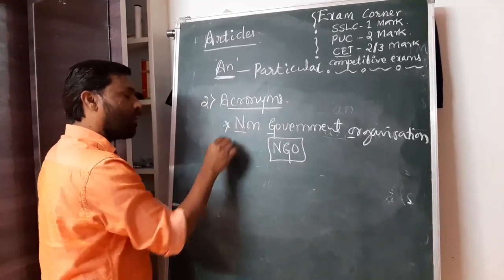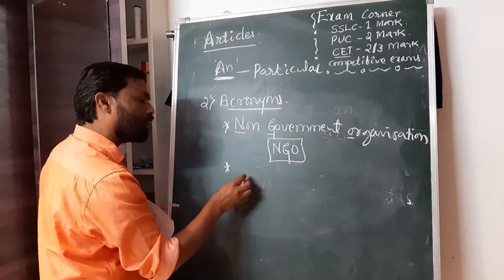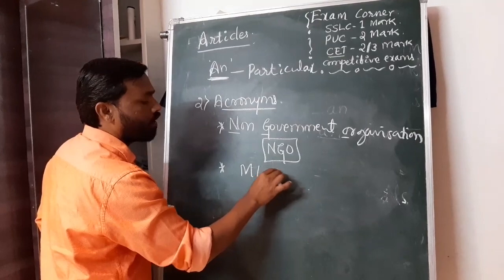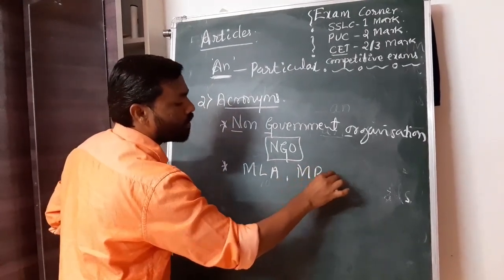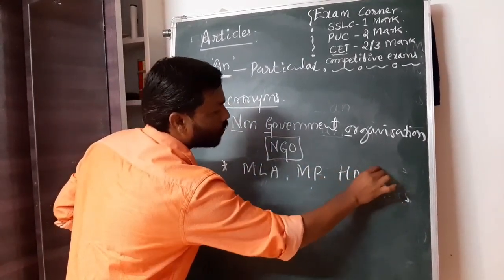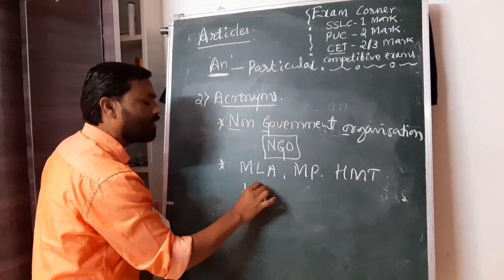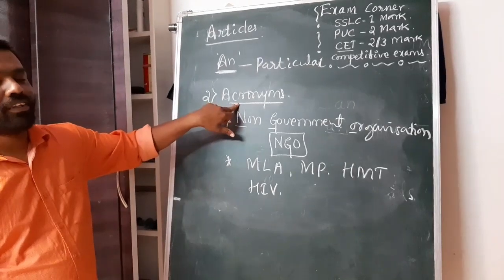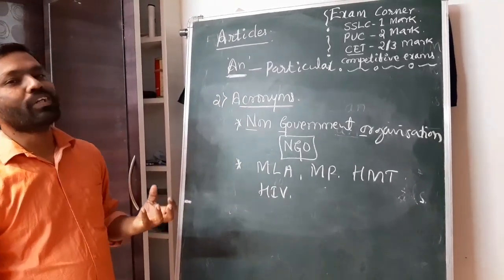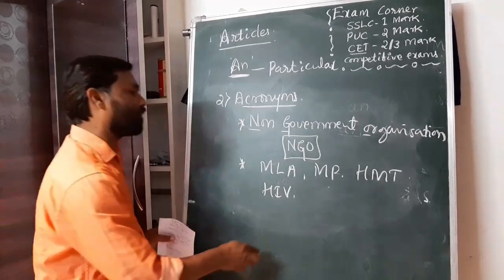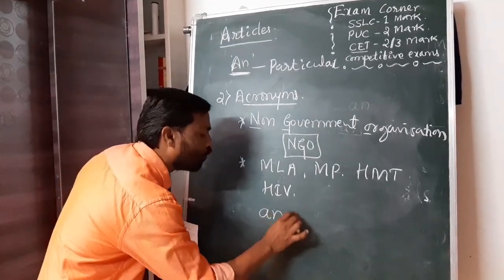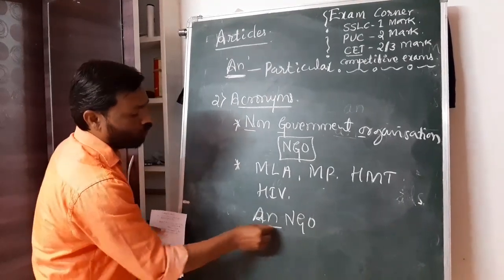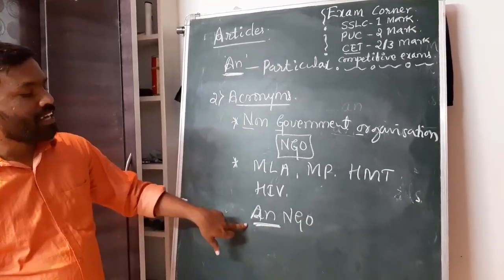Take another example. For example, we use MLA, MP, HMT or HIV. These are called acronyms. Here, why are we using the article "an"? For example, "an NGO". We write it like this: an NGO. Why are we using "an" here?